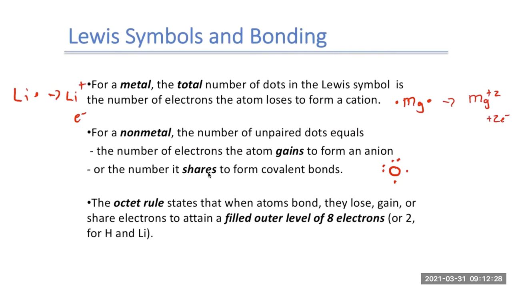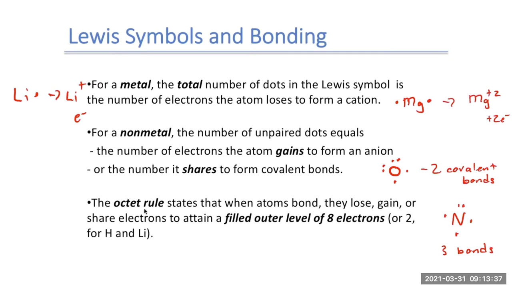That would be the number it's willing to share to form a covalent bond. Or if you looked at nitrogen, nitrogen was 1, 2, 3, 4, 5. So nitrogen has 3 unpaired electrons, which means it can form 3 covalent bonds.